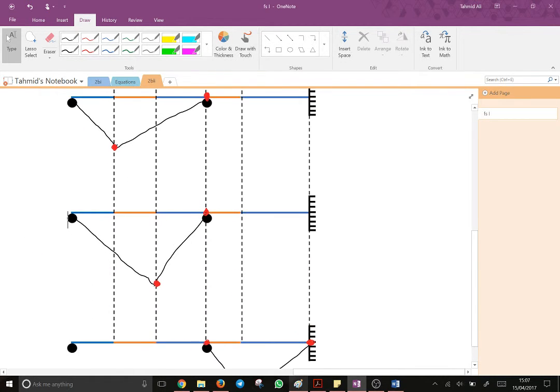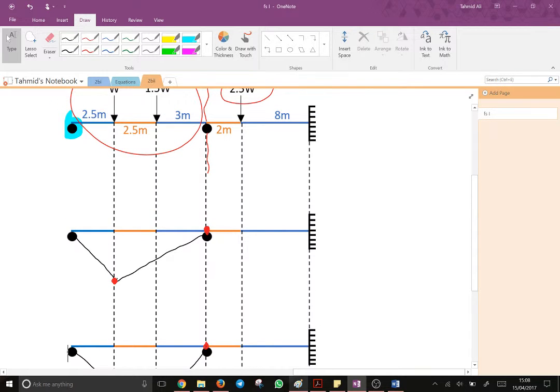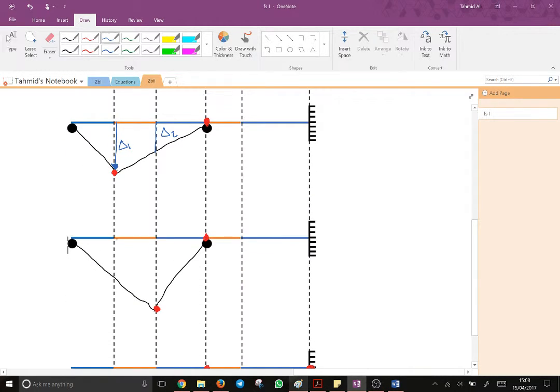Now as you can see, each of those sections has created a displacement. So let's write down the displacement. So displacement, let's call it delta 1, and obviously each of these displacements are different, so this delta 1 and that delta 1 are not the same, but otherwise I'll have many deltas, so I'm just going to repeat the two.